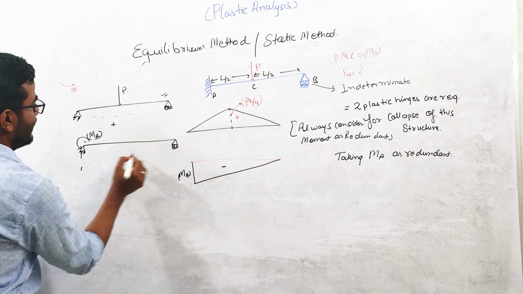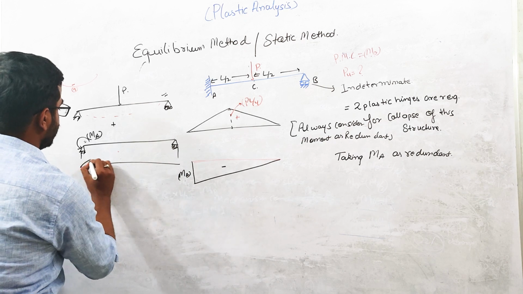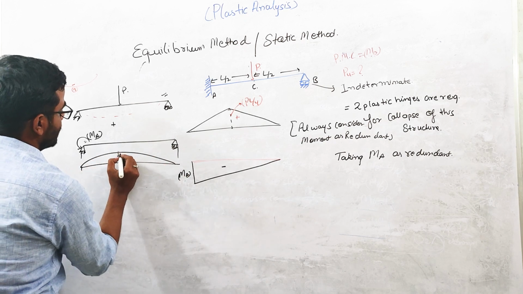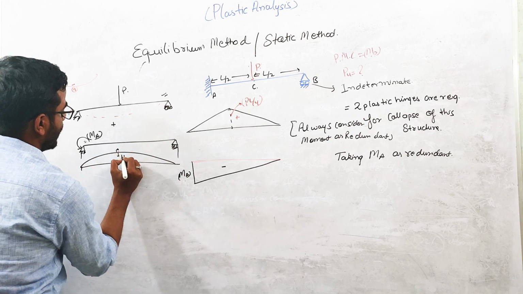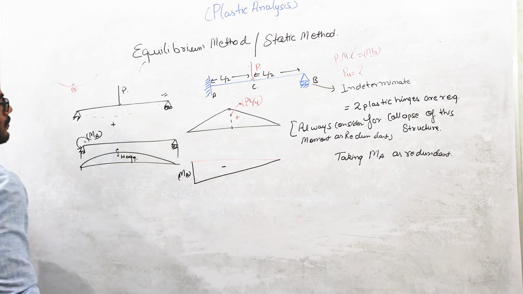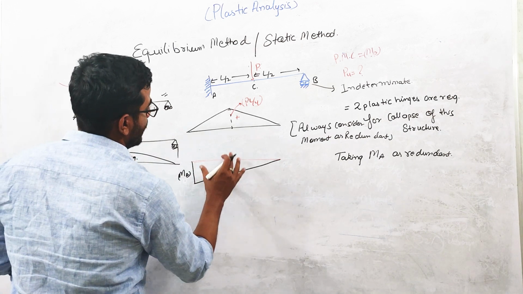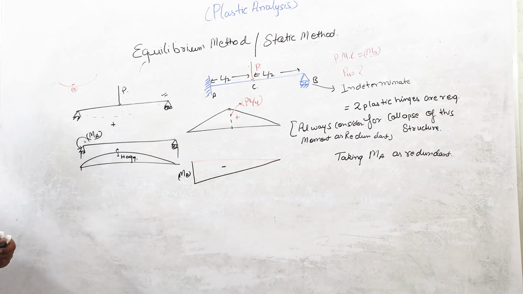It will deflect like this, so the upper side is basically hogging. So this is a negative bending moment diagram and this is a positive bending moment diagram. You can get this through the bending moment diagram also.